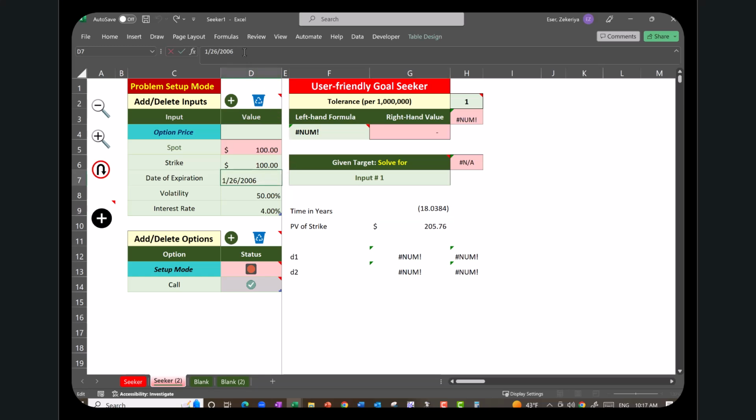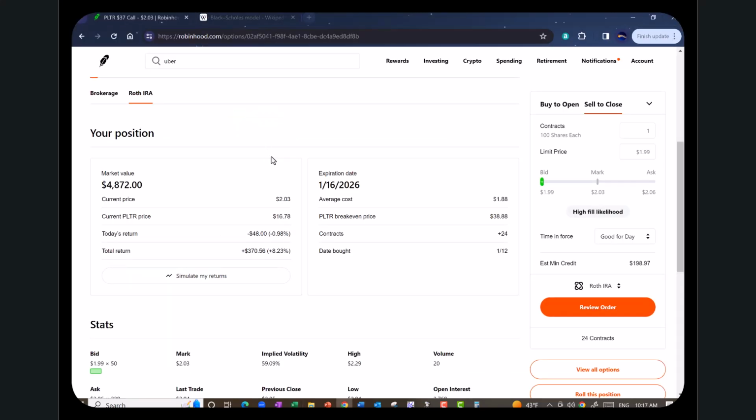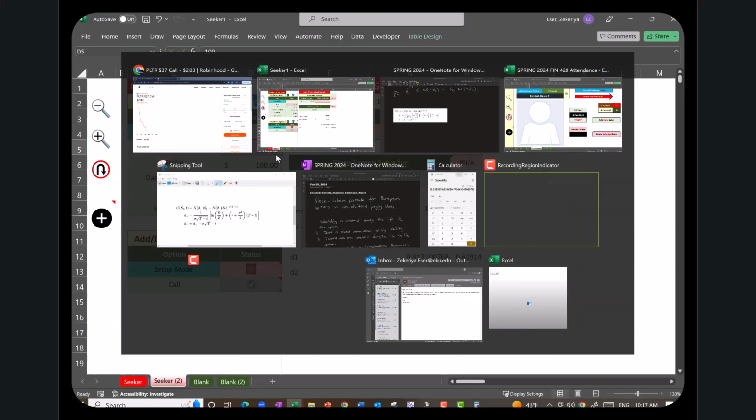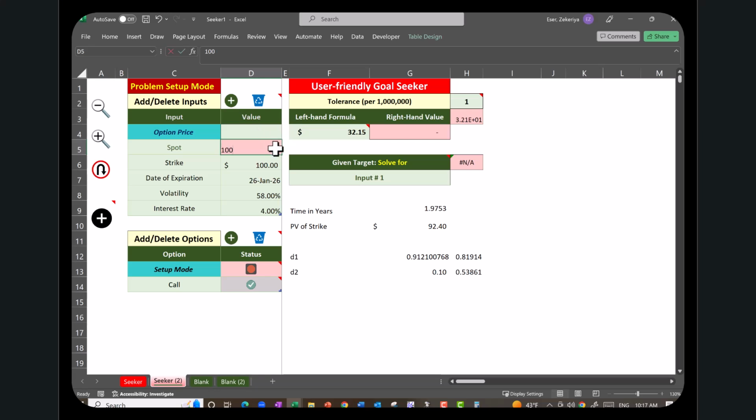So it's about 2 years. 58% volatility. What's the current price? 1675, let's say. Strike is 37.